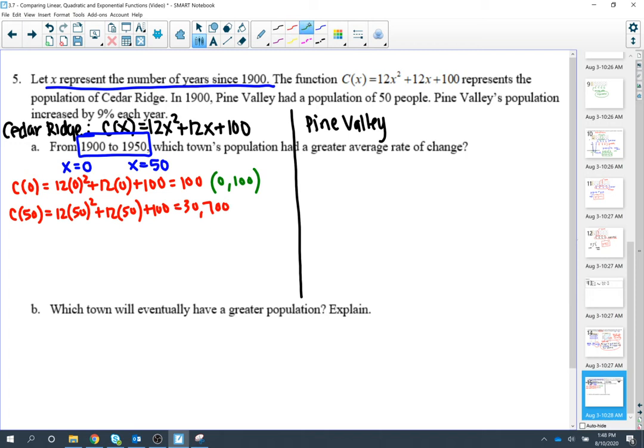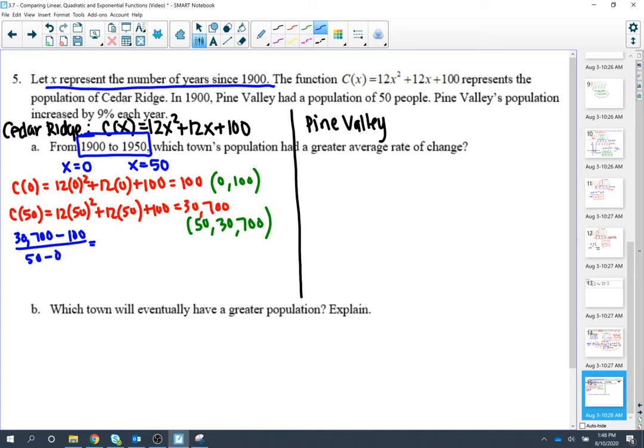Which means the point we're dealing with here is at year 50, we had 30,700 people in that town. Now, in order to find the average rate of change, we're going to check the change in y. So 30,700 minus 100 over the change in x, which was 50 years, so 50 minus 0.